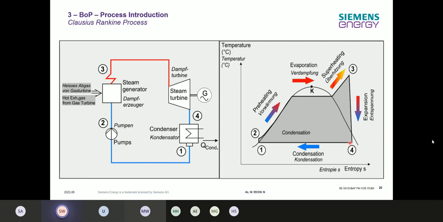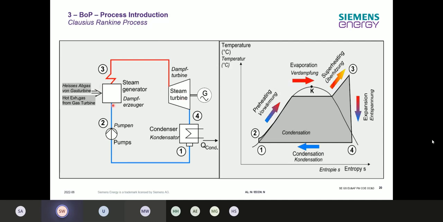The heat from the condenser is transferred onto the cooling water, and then we are coming back here to 100% condensate and getting back to the pumps, and the circle is running again.